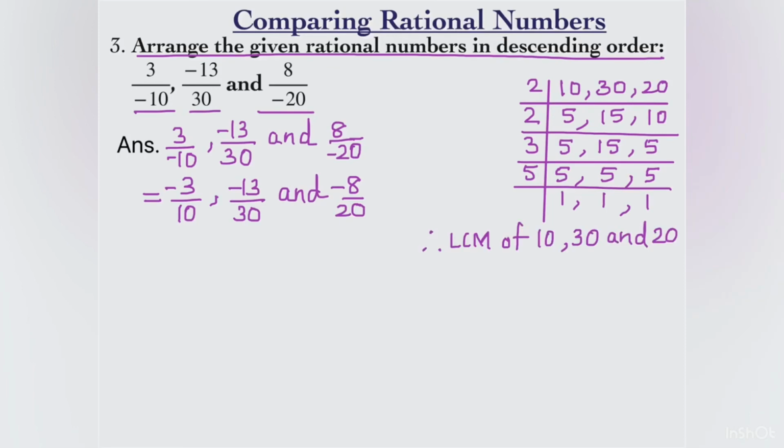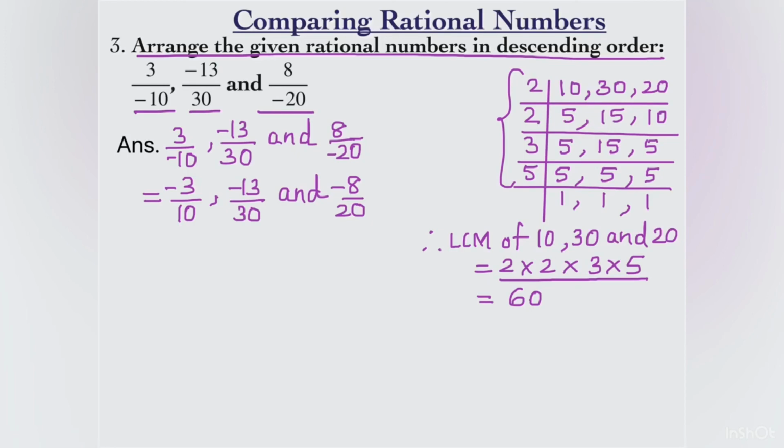Therefore, LCM of 10, 30 and 20 is equal to multiplying these factors: 2 times 2 times 3 times 5, which is 2 times 2 is 4, 4 times 3 is 12, 12 times 5 is 60. Therefore, LCM is 60.